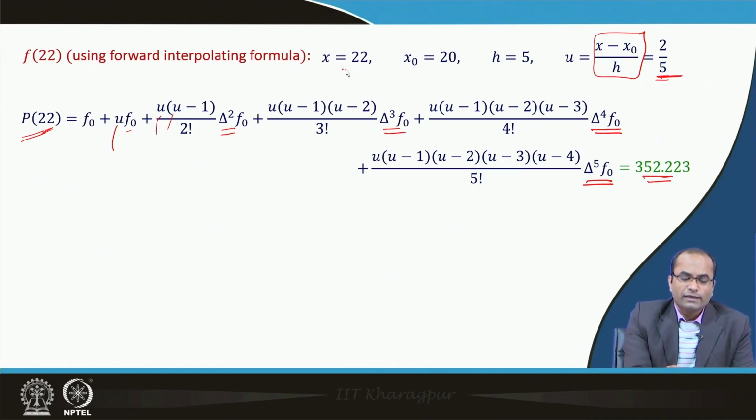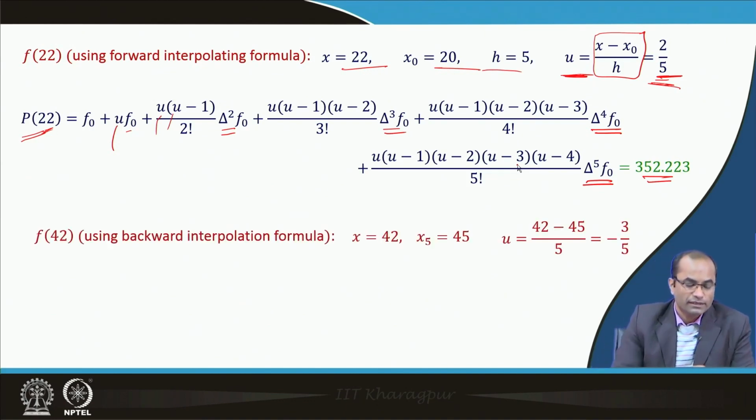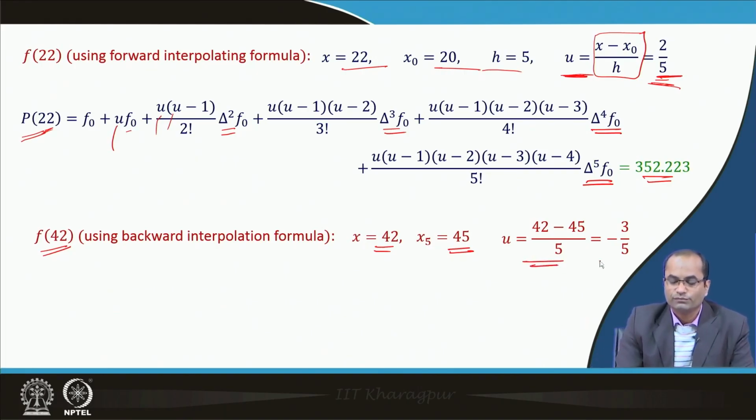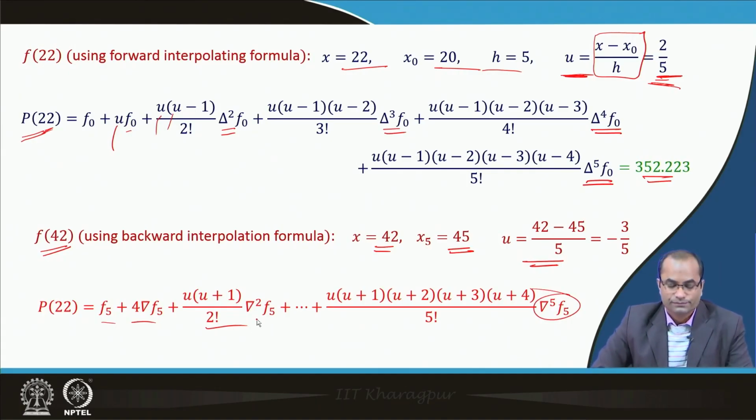So, sometimes when the values are large, we can work with this shift here, because u becomes smaller and the calculations might become simpler. And similarly, when we want to compute at 42, which is close to 45, the last point there, we can use the backward difference formula, where again we have to compute u and use this backward difference formula, and again after substituting all these differences and this u here minus 3 by 5, we will get 218.6630.